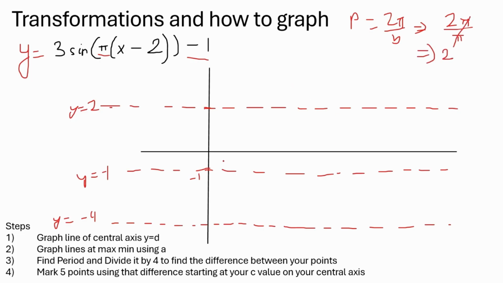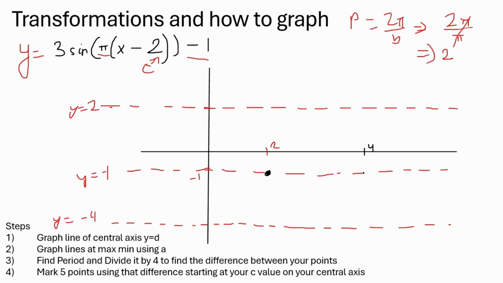And also our starting point is, you flip the sign of the c value. So our starting point is +2. Okay. So now what you do, you take that point, and you know that your period is 4.